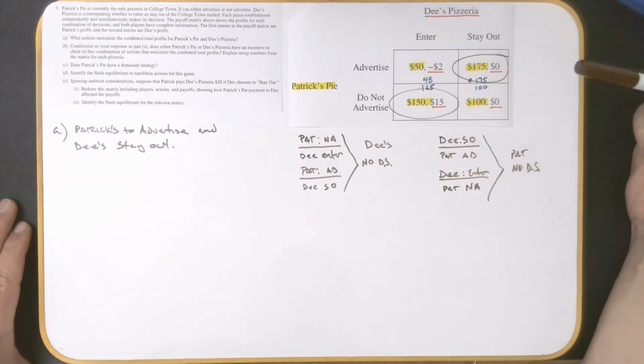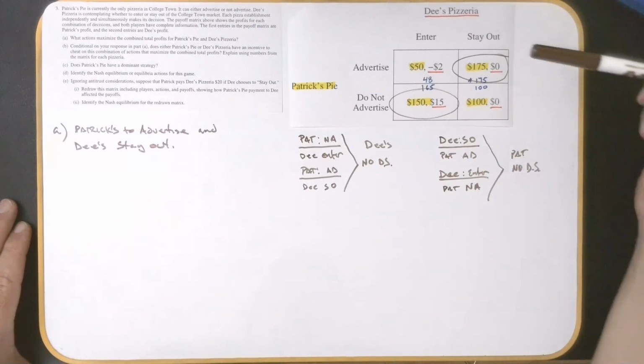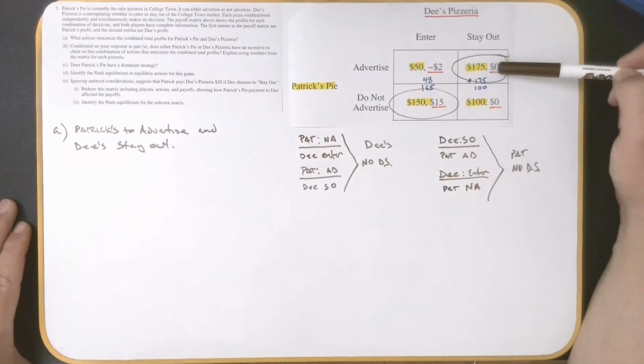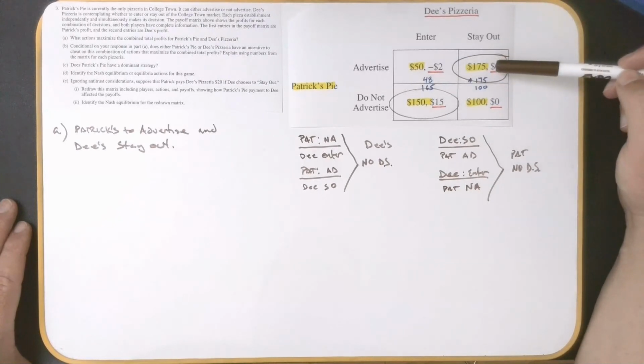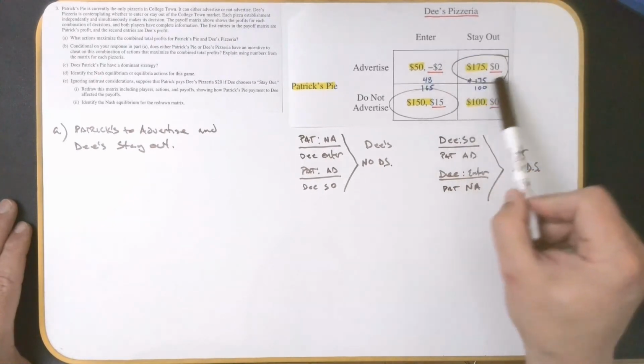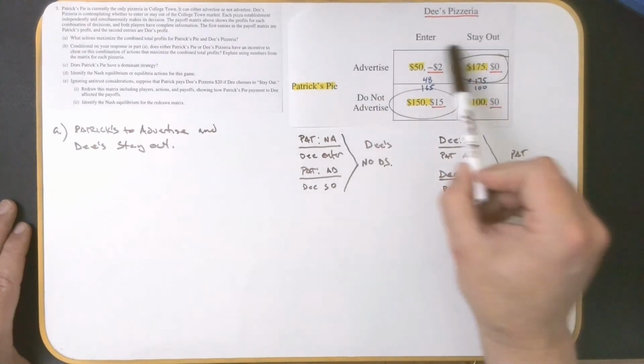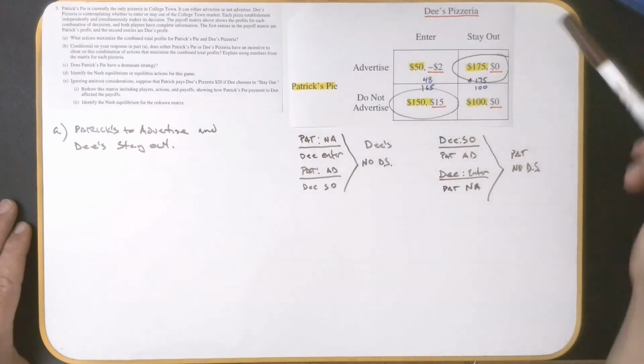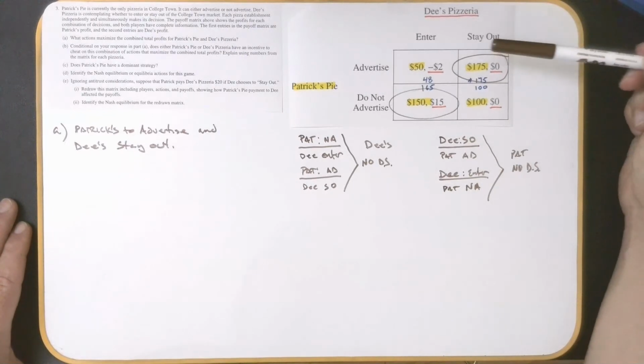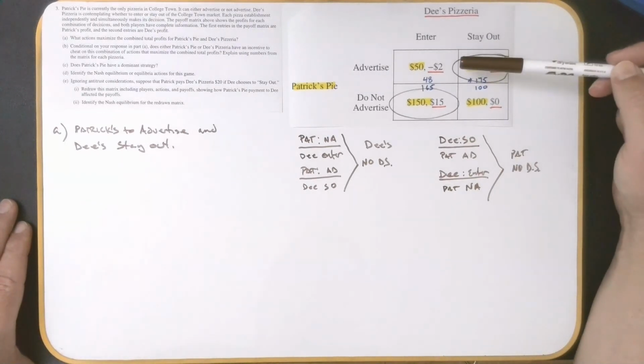And if you look at it, you say, well, if I'm D's Pizzeria, what would happen if I don't tell them, but I enter the market? Well, if this is what's going to happen, this one right here, Patrick's Pie is advertising. So what's going to happen if instead of staying out they enter? They would lose $2.